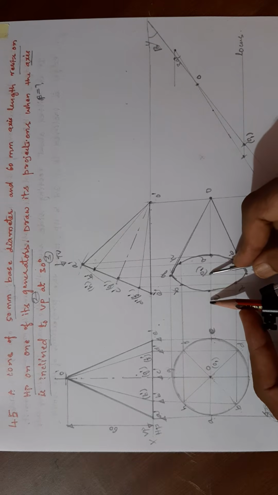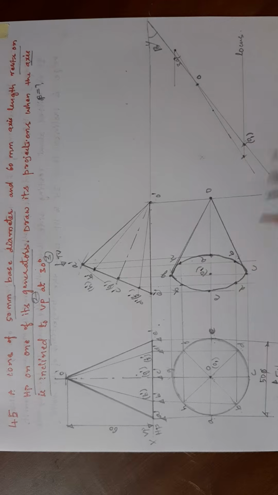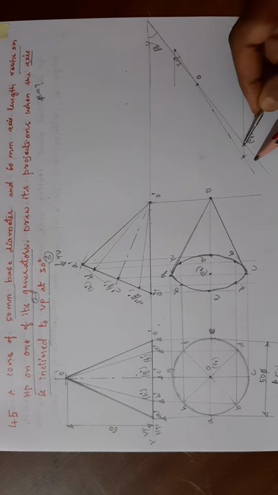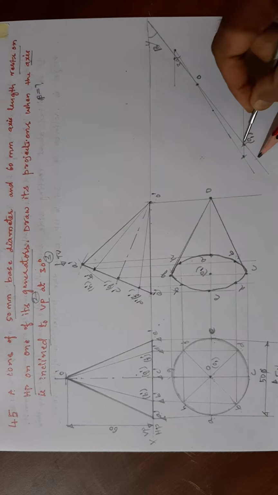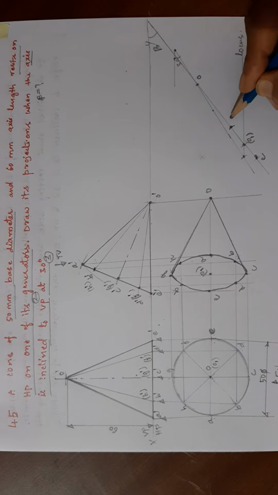Now see O1E is also equal to O1A. Now two more points you will get. This point is E, and this point is A.